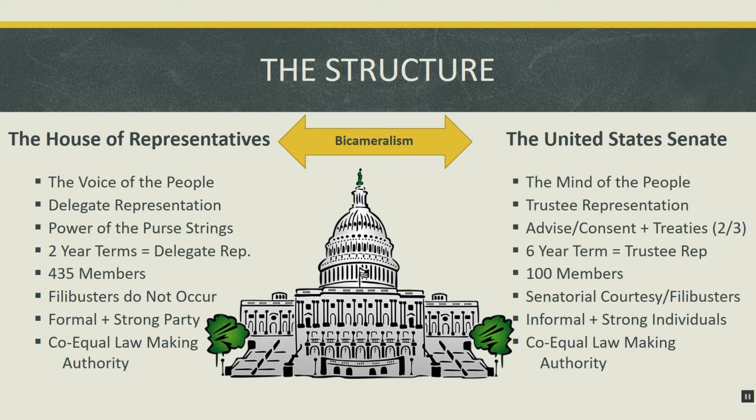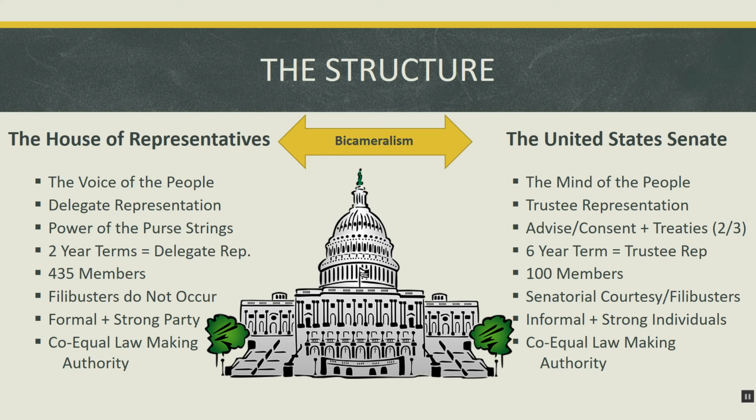Trustee representation is when government decision makers serve as legislators who act according to their own expert judgment and personal moral convictions in order to promote the broad interests of their voters. In other words, if delegates are there to give us what we want, then trustees are there to give us what we need.